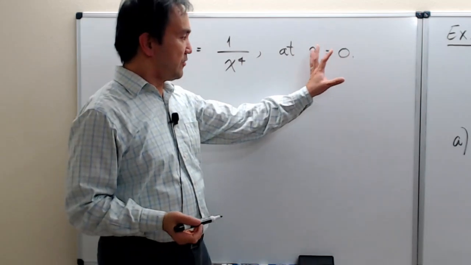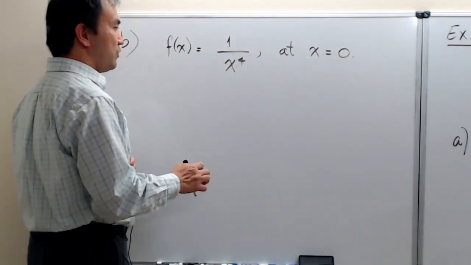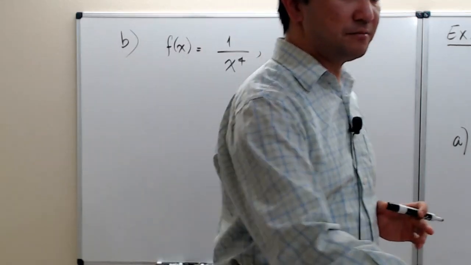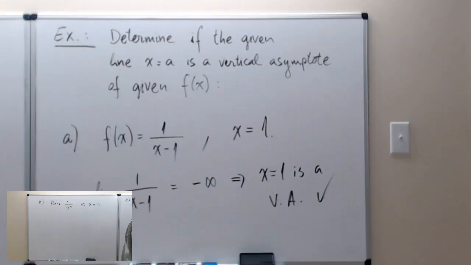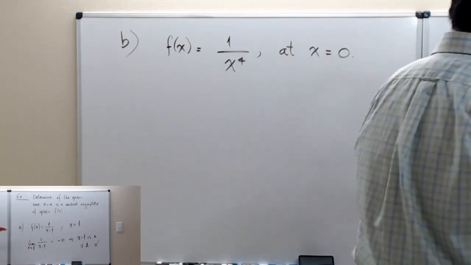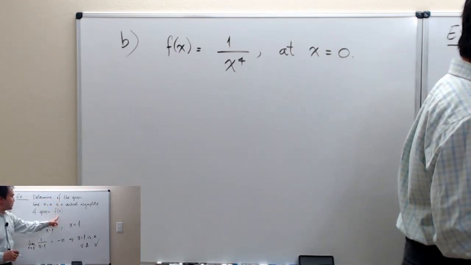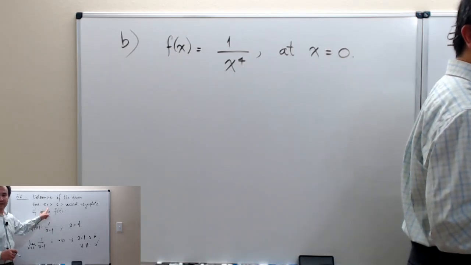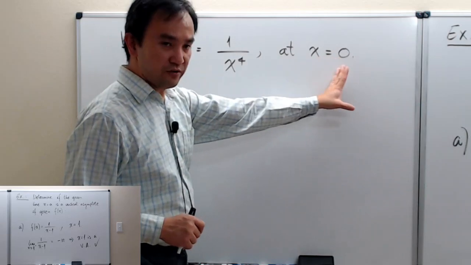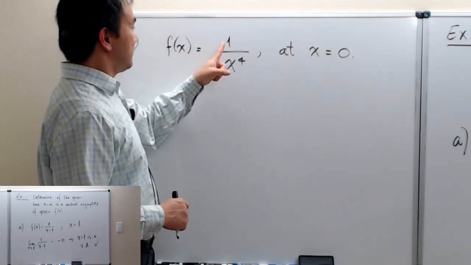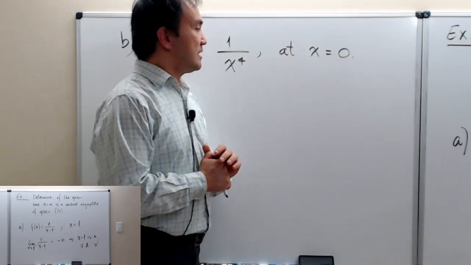I want anyone viewing this video to see this as a vertical line. Back to the beginning description of the problem, we want to determine whether any given function has a vertical asymptote at the given line. In our case, the given vertical line is x equals 0, and we want to find out if this function has a vertical asymptote at x equals 0.